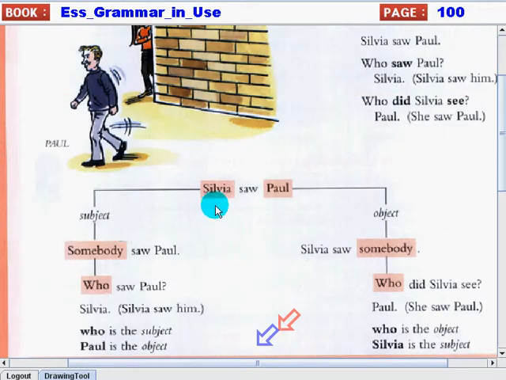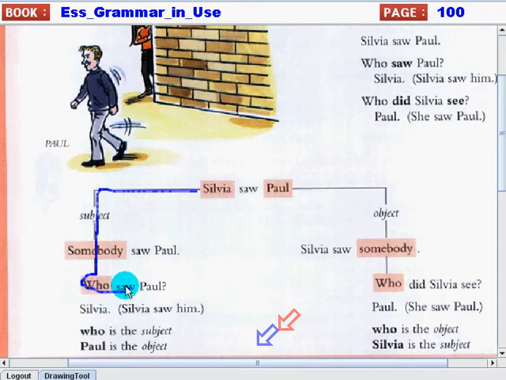In this pattern, we can see Sylvia saw Paul, right? Our subject in the sentence was Sylvia, right? Sylvia is our subject in the first sentence. Somebody saw Paul, and that was Sylvia. The word somebody is our subject. And who saw Paul?